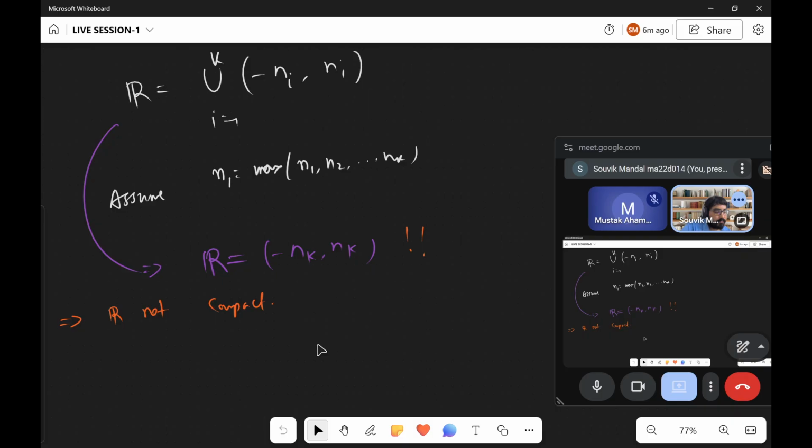So the next proposition. Let me just open the compactness chapter for the next prop.